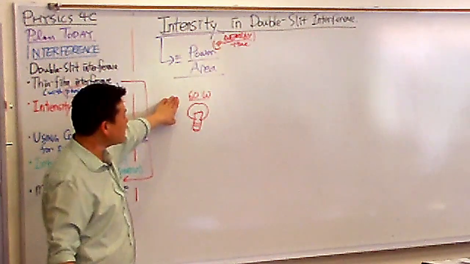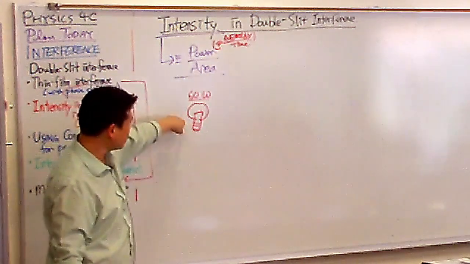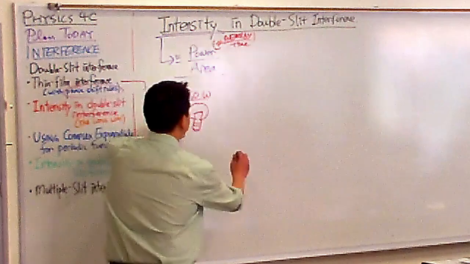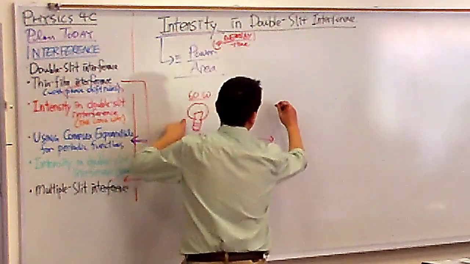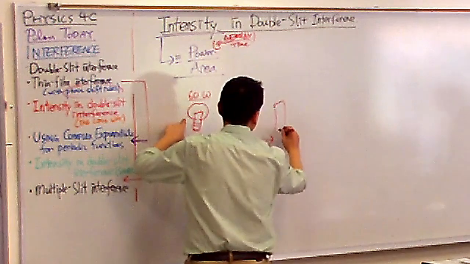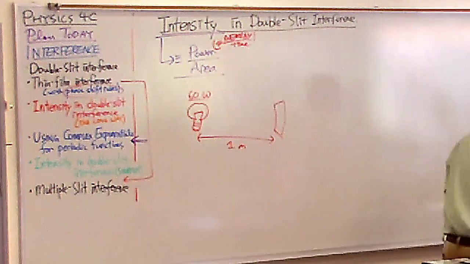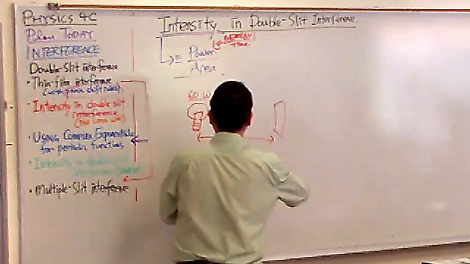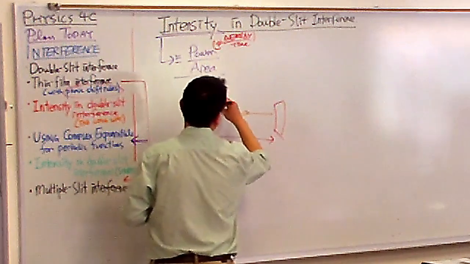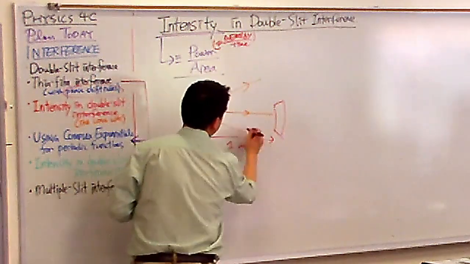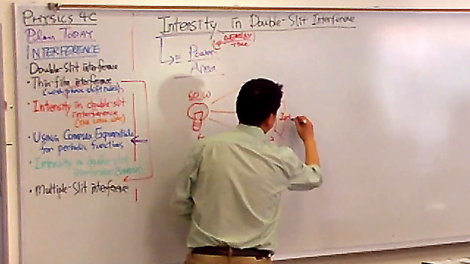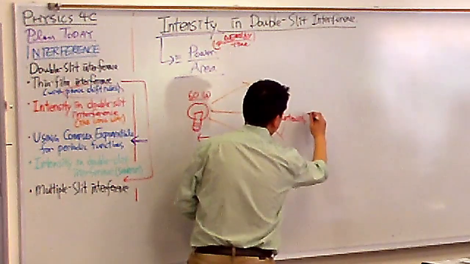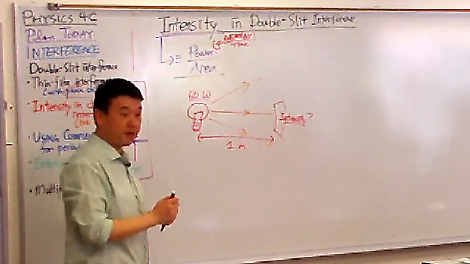Now, suppose somebody asked you for the intensity of this light bulb at some distance, say 1 meter away. There's light coming from this light bulb shining everywhere, and someone asks you, what is the intensity at 1 meter away?